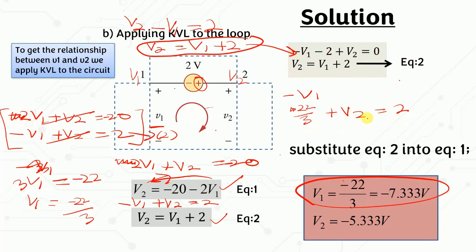Alright, and then just substitute the value, 22 over 3 minus 2 equal to negative V2. So that's why you will have this value. When you solve it, you will have negative 5.33 for, no, for V2. Okay, so this is the answer for V1 and V2 when using the supernode.